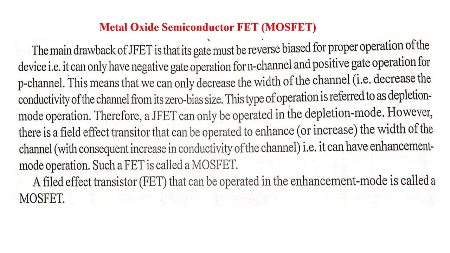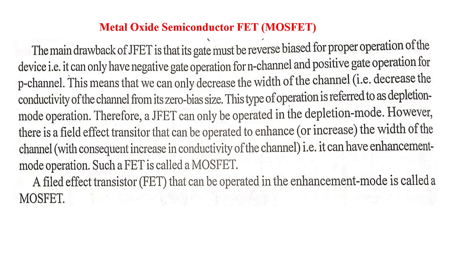This means that we can only decrease the width of the channel, that is, decrease the conductivity of the channel from its zero bias size. This type of operation is referred to as depletion mode operation. Therefore, a JFET can only be operated in the depletion mode.